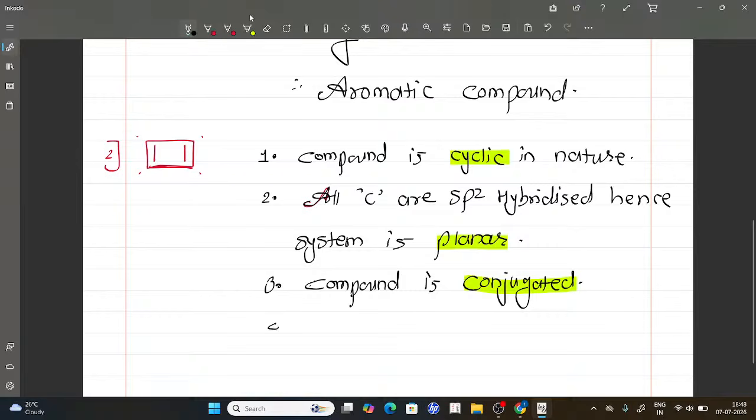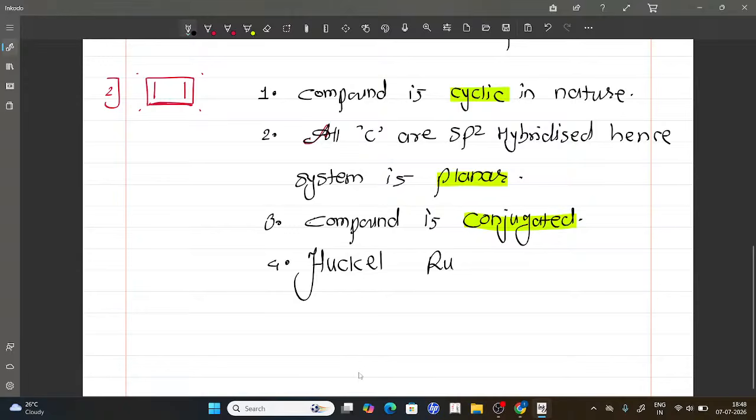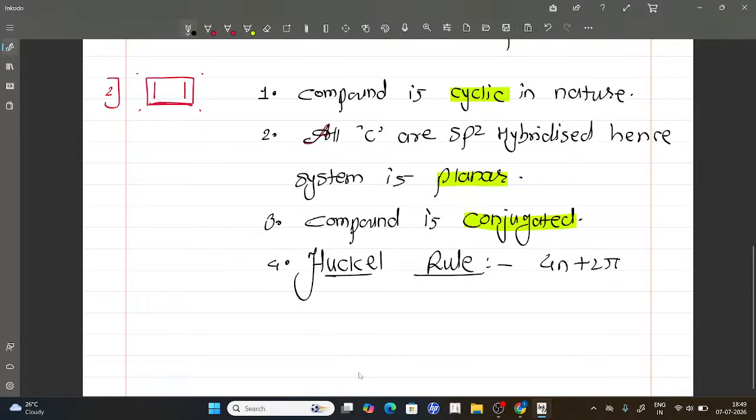Now the next one. The compound is cyclic, planar and conjugated. All three conditions are fulfilled. Now we are going to see about the Huckel rule. That is the 4n plus 2 pi electron rule.